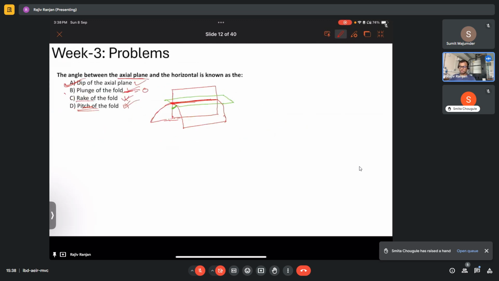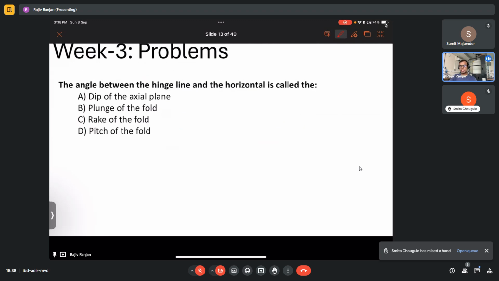Okay. Let's move to the next question. The angle between the hinge line and the horizontal is called: deep of the axial plane, plunge of the fold, rake of the fold, or pitch of the fold.